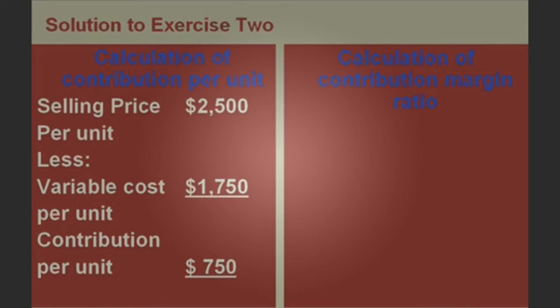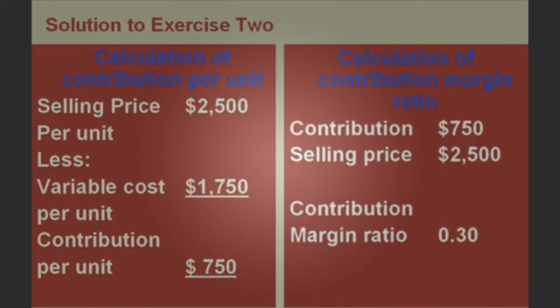Doesn't matter, get the same answer. So what's the contribution margin ratio in this problem? The contribution is $750. You can see it on your left. The selling price is $2,500. So contribution over selling price is contribution margin ratio, which is 0.3. It tells you that contribution is around 30% of your sales.